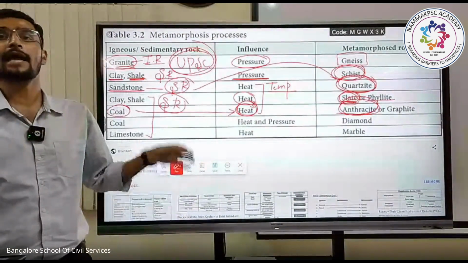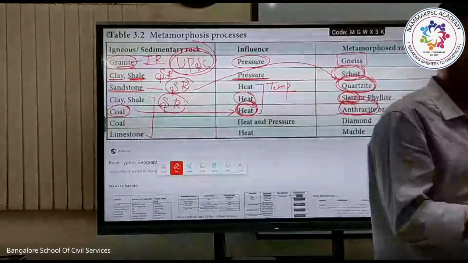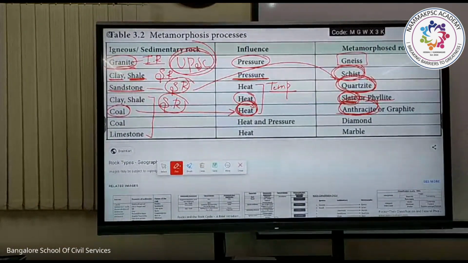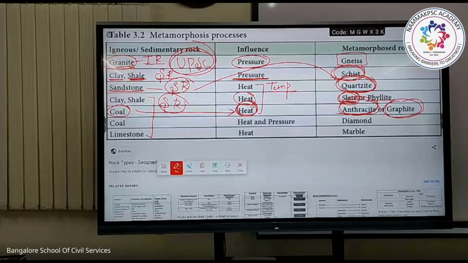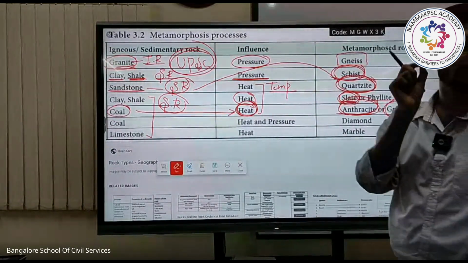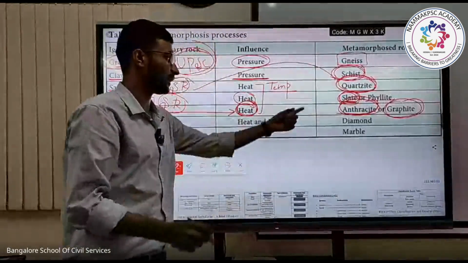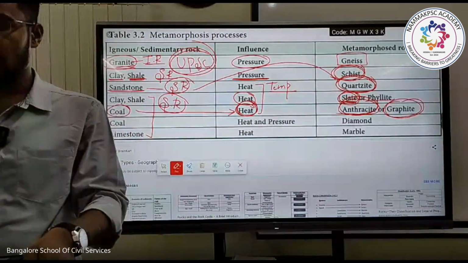We call it anthracite coal, nothing but the wonderful or pure quality coal, or I can say graphite has been formed. Highly important one. If coal is imposed with temperature, either anthracite or graphite is formed.